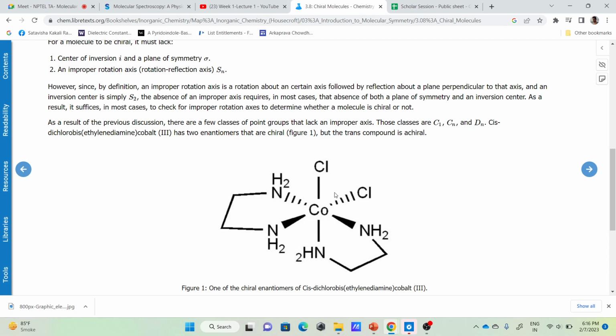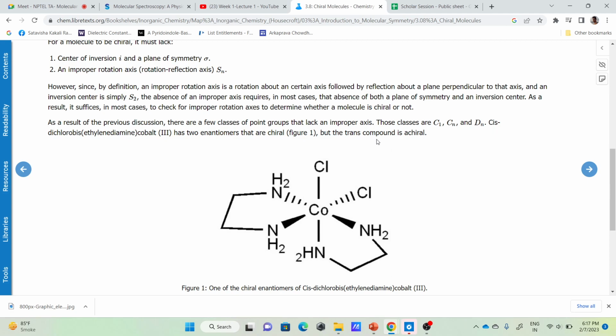I can't use the pen right now, but if you perform a C2 symmetry in between the two chlorine atoms, Cl, Co, Cl, in that angle, if you apply a C2, you will see that yes, it has a Cn axis. For this particular molecule, a C2 axis will be there.